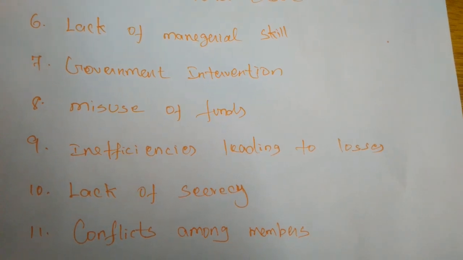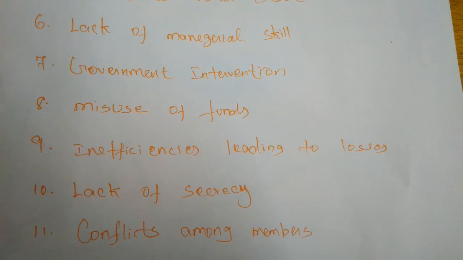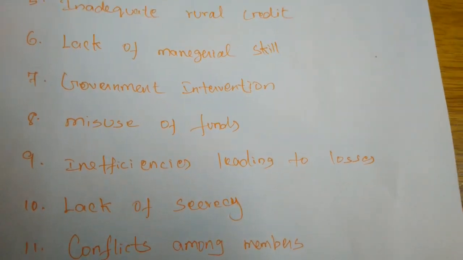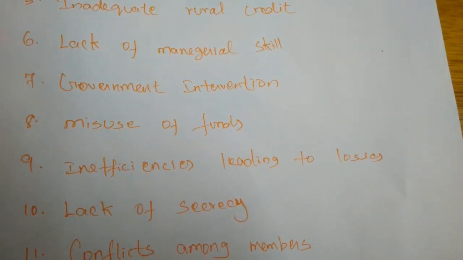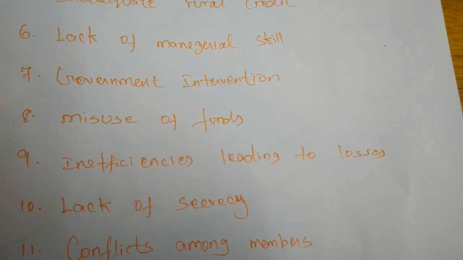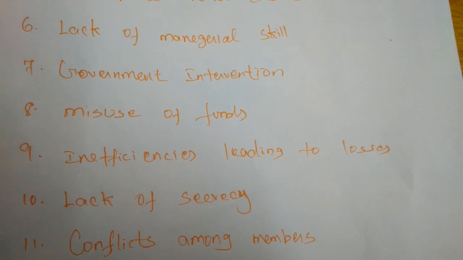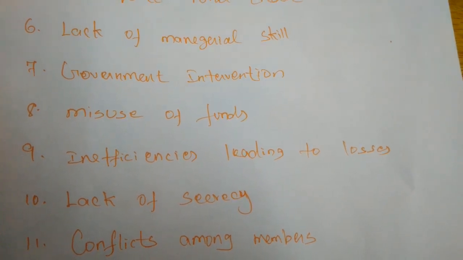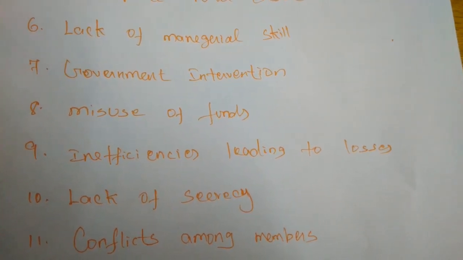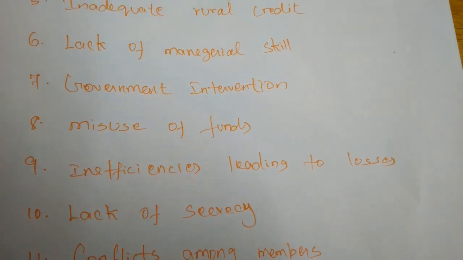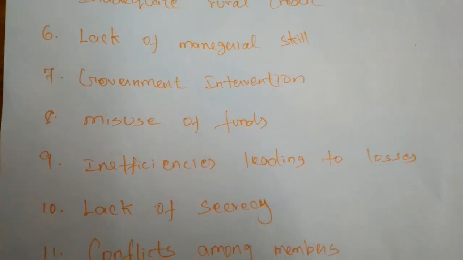Lack of managerial skills results in insufficient management, poor functioning, and difficulty in achieving objectives. When they don't have good managerial skill, they will never focus on the objectives of the cooperative organizations, and so they will never achieve them.